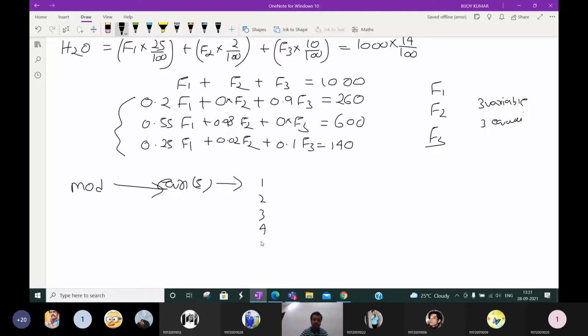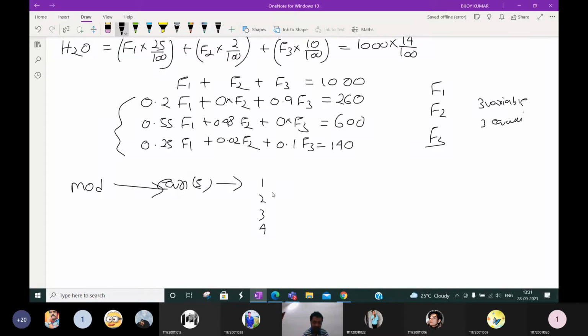The first one is aX plus bY equals c, for 2-variable equations. The second one is aX plus bY plus cZ equals d, for 3-variable equations.